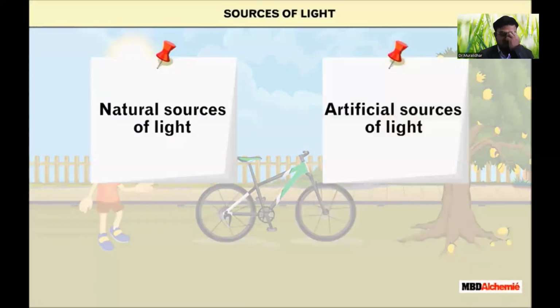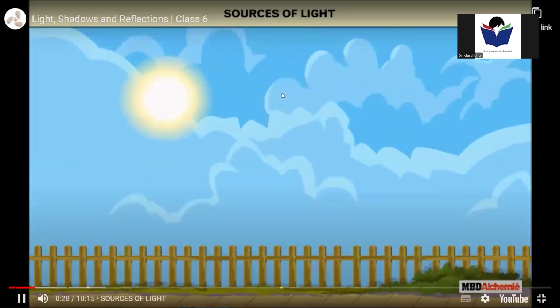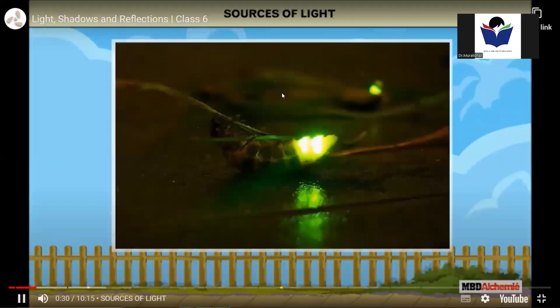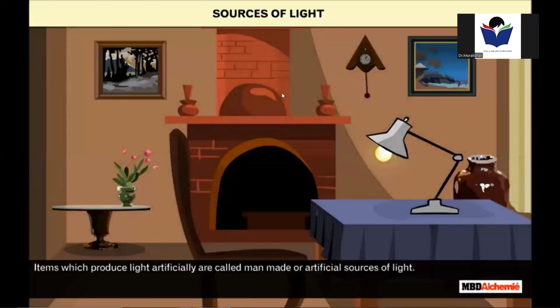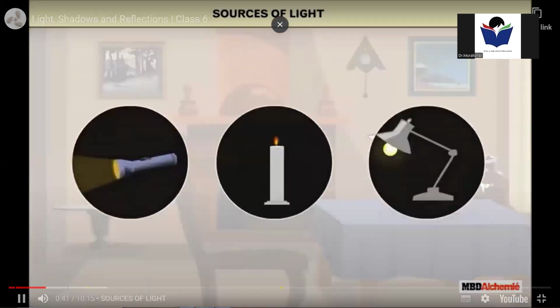Let us learn about different sources of light. Items which produce light naturally are called natural sources of light. For example, sun and glowworm. Items which produce light artificially are called man-made or artificial sources of light. For example, torch, table lamp, and lighted candle.